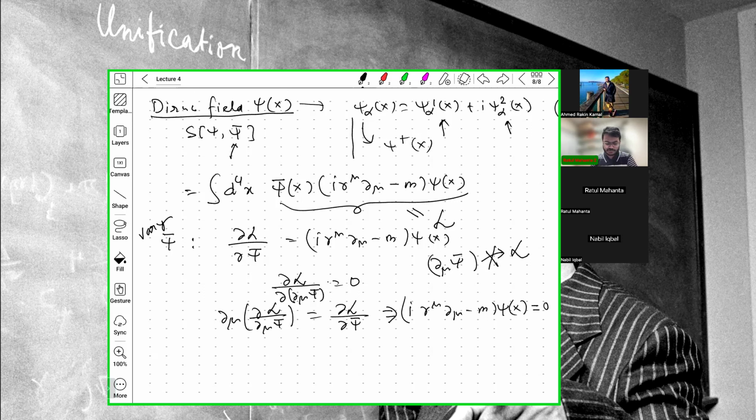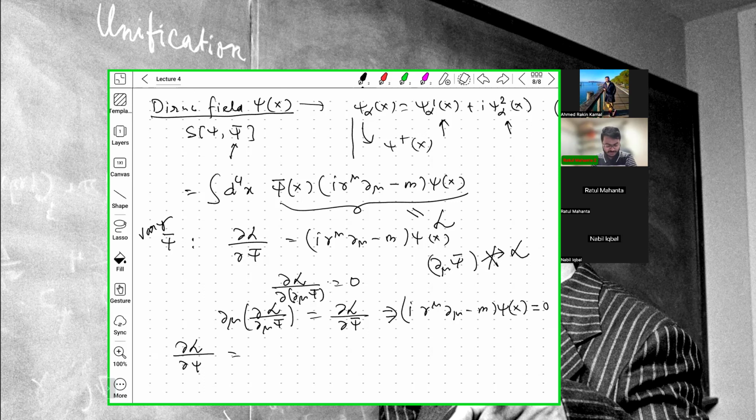But you also need to vary psi, and for doing that you will be keeping in mind that they are Grassmann variables. So let me take this derivative. In the Lagrangian we treat psi and its derivatives as independent.